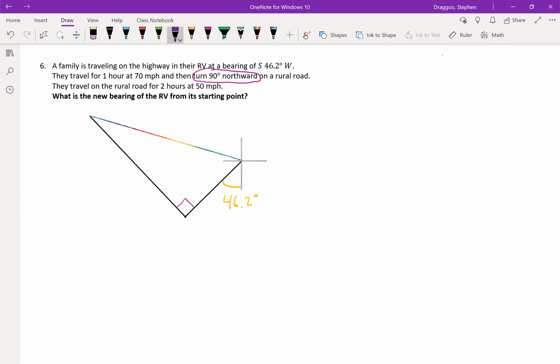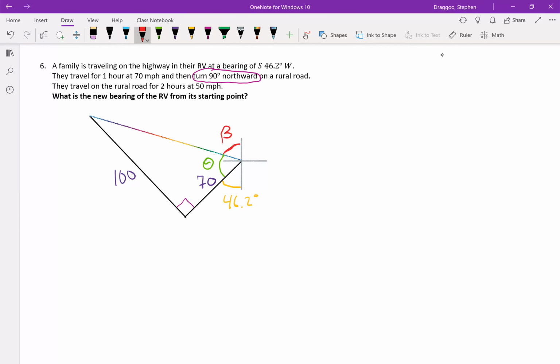Next, if I talk about those distances, if I travel for 1 hour at 70 miles an hour, I will travel 70 miles. Then if I travel for 2 hours at 50 miles an hour, I'll travel 100 miles. Put those two distances down. Then also label the interior angle, theta, and the bearing angle I'm interested in solving for is in red.